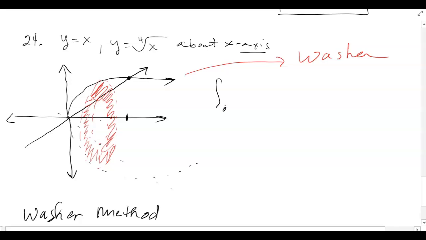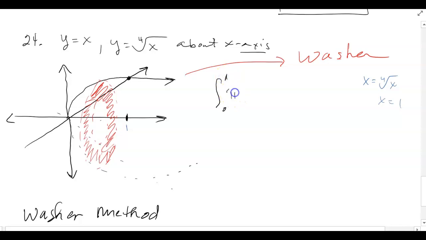You always figure this out by setting them equal to each other. There are different ways of doing this, but clearly you don't really have to do much math here. You can see that it's only going to work when x equals 1. It's the only time the 4th root of x is going to be equal to x itself. So this is going to go from 0 to 1.